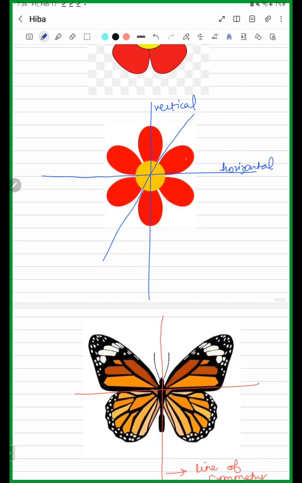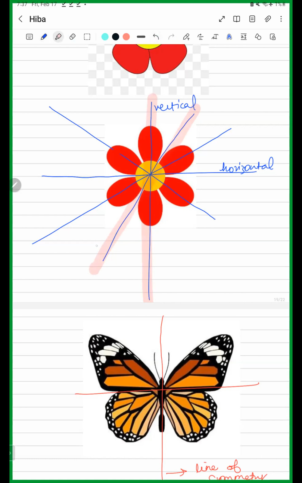Now look at this one, this is also a line of symmetry. Hiba, look carefully. Is this a line of symmetry? Forget these two. Yes, very good. If you notice, this is also going through a petal. This is also going through a petal. So whichever line is going through a petal, that will be a line of symmetry.